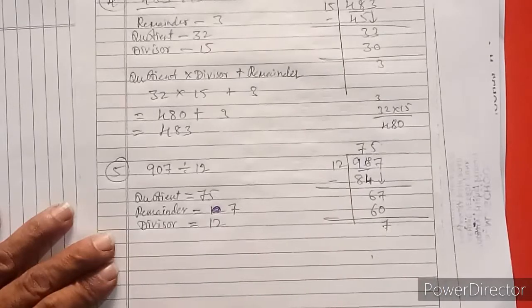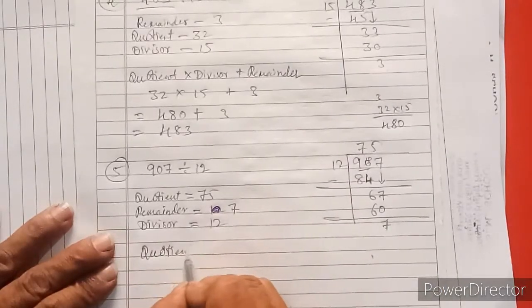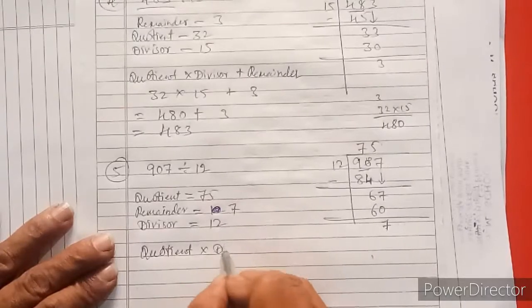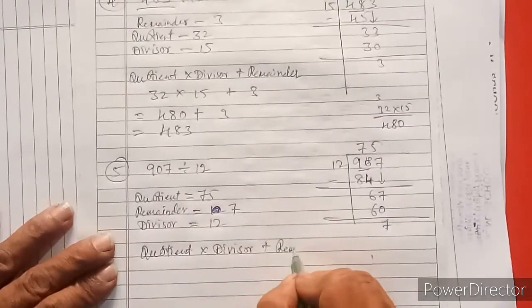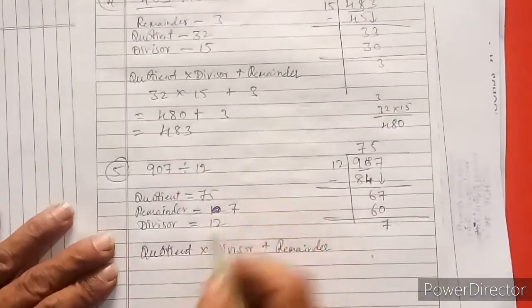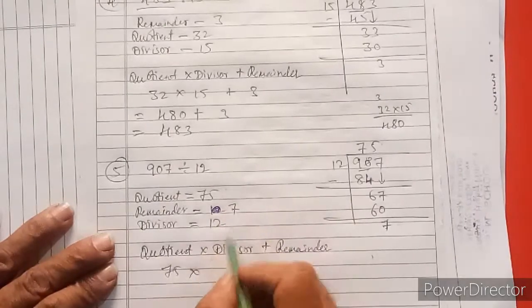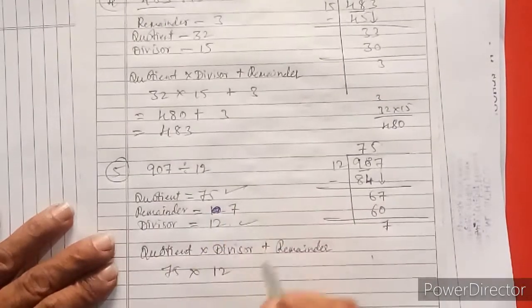Then according to the formula we have to keep quotient into divisor plus remainder. Right? What is the quotient here? 75. Into divisor 12. The divisor is 12 here. See. Plus remainder is 7.